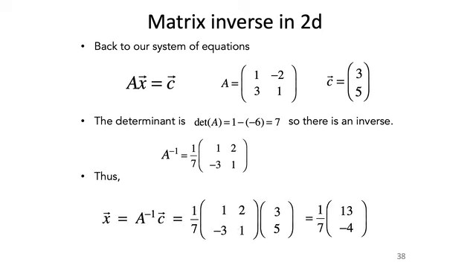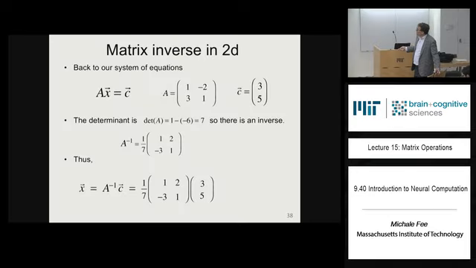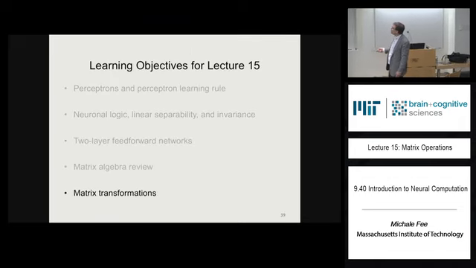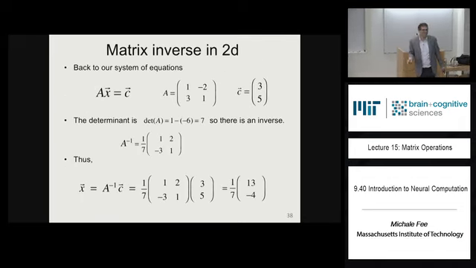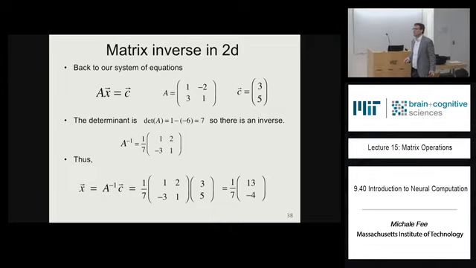So we can solve for x just by taking that inverse times c, A inverse times c. And if you multiply that out, you see that there's the inverse. It's just a vector. Okay? That's it. Okay? That's how you solve a system of equations. All right?